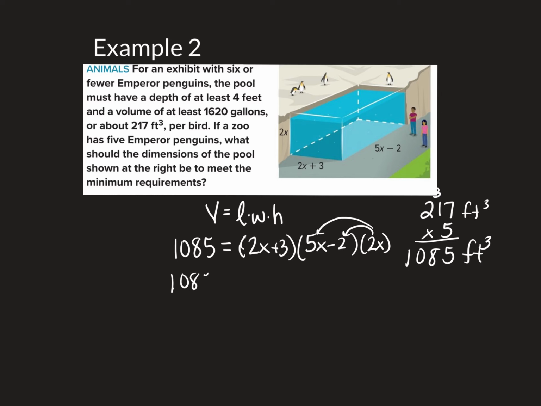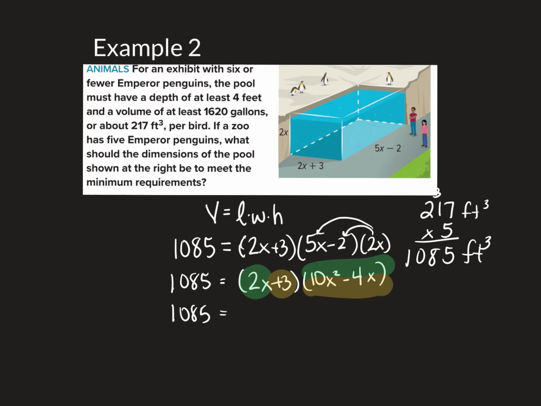So 1,085 equals 2x plus 3 times 10x squared minus 4x. Then I'm going to distribute 2x times both of those and positive 3 times both of those.